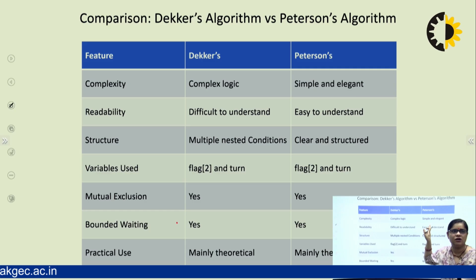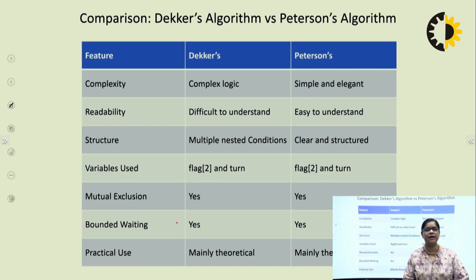In terms of readability, when we study the pseudocode of Dekker's algorithm, it was very difficult to understand whose turn it was or whose flag we are going to raise.